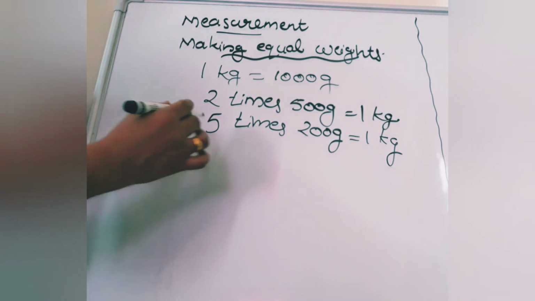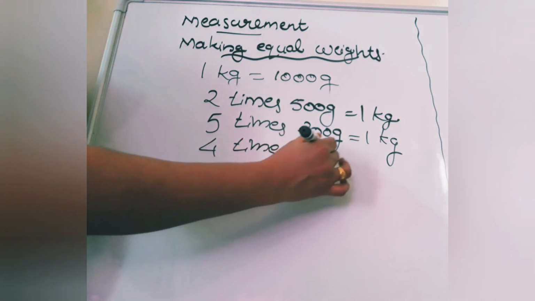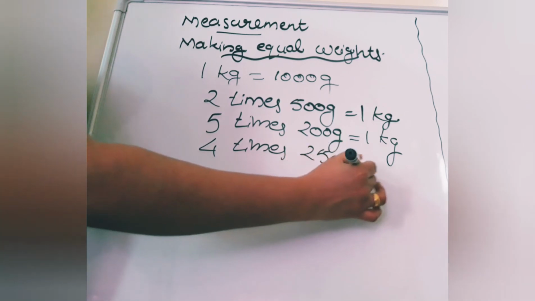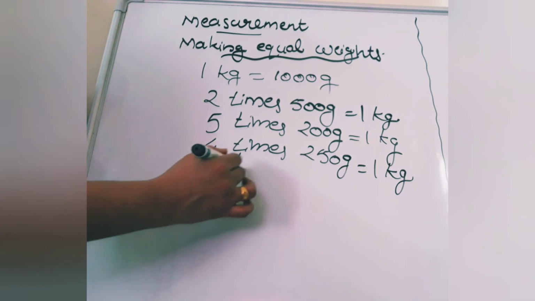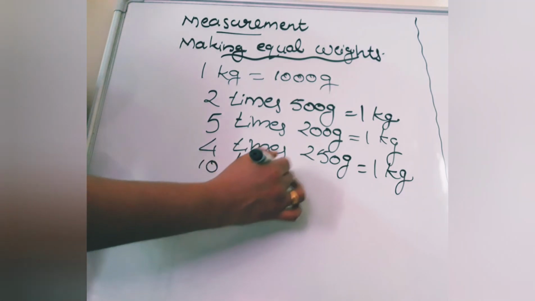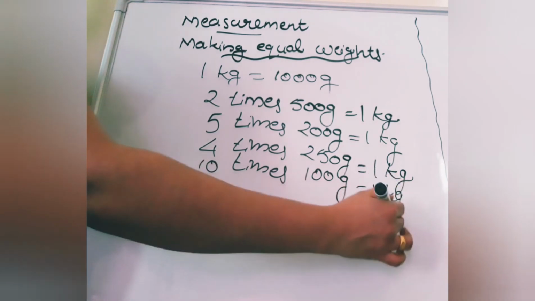So 5 times. Then 4 times 250 gram is equal to 1 kg. Then 10 times 100 gram is equal to 1 kg.